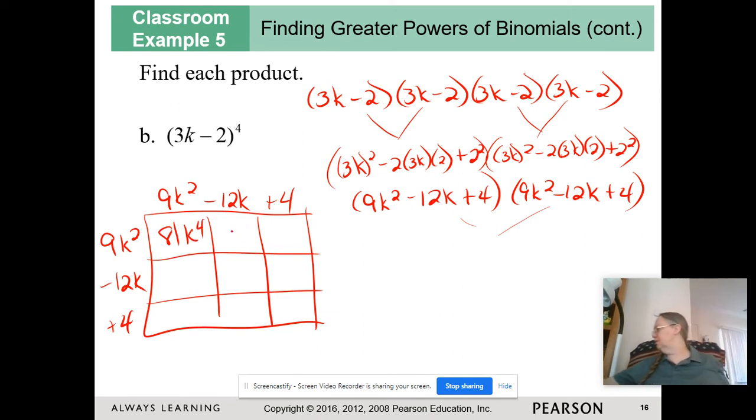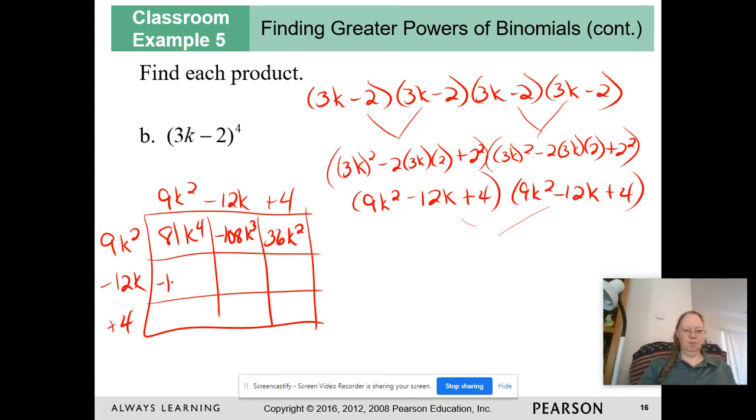I don't remember 9 times 12. I'm terrible at my 12s. 9 times 12 is 108. 36k squared, so another one of those.